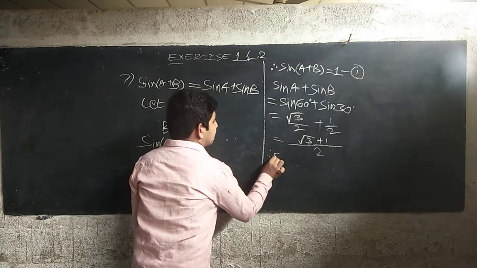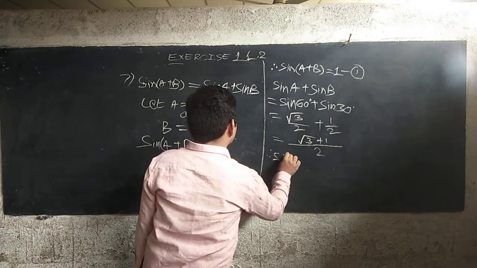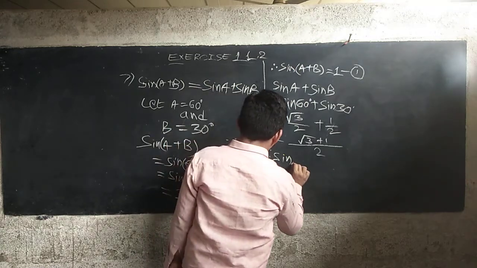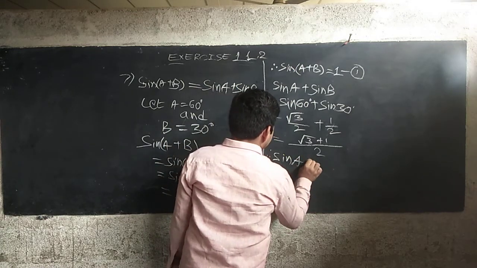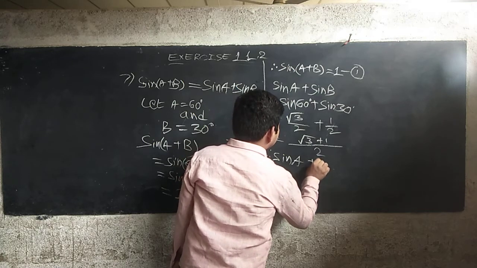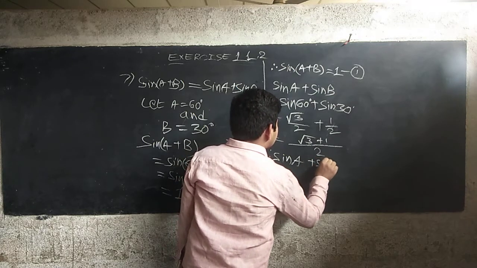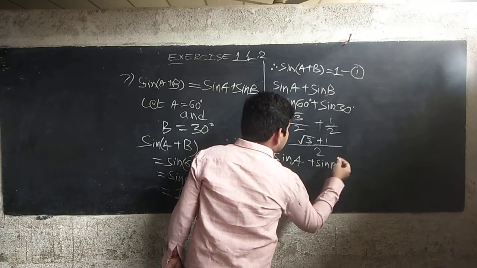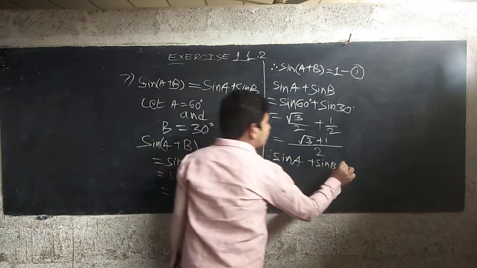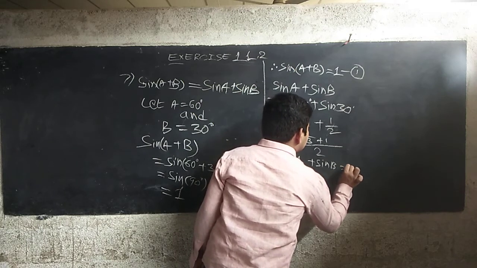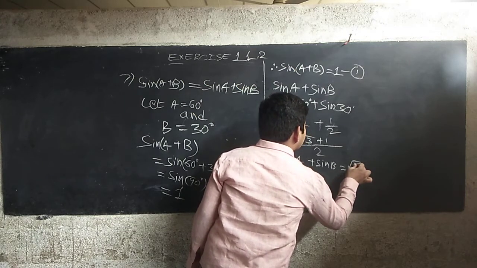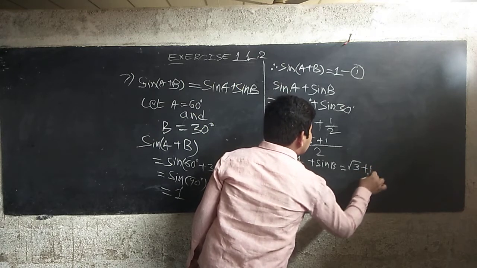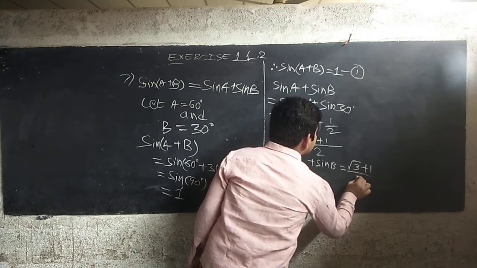Therefore sin A plus sin B equals root 3 plus 1 by 2.